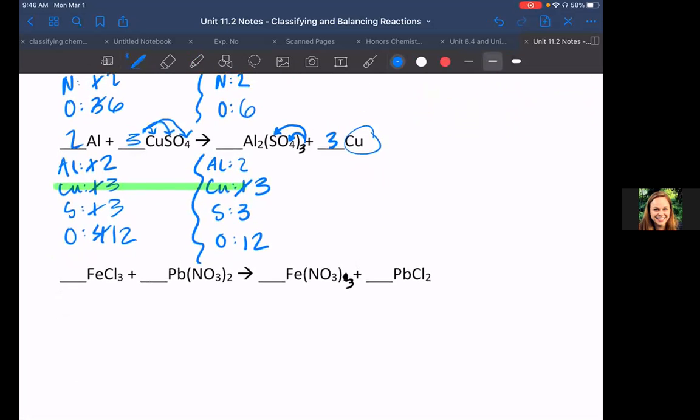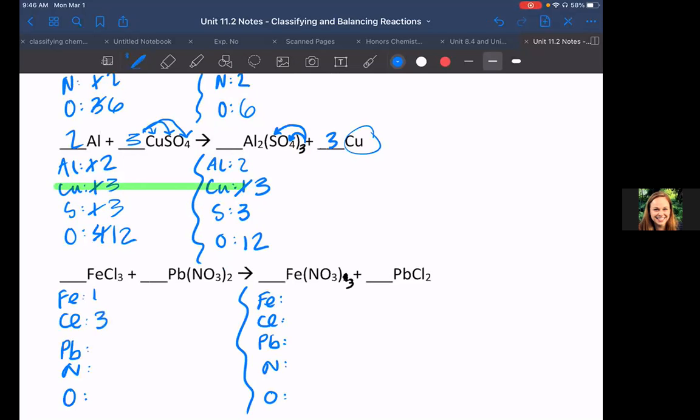All right, last one here. Squiggly line. We have iron, chlorine, lead, nitrogen, and oxygen. So we have 5 elements that we have to keep track of for this one. On the left-hand side, we start off with 1 iron, 3 chlorines.